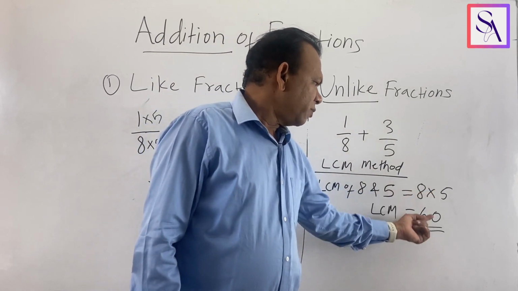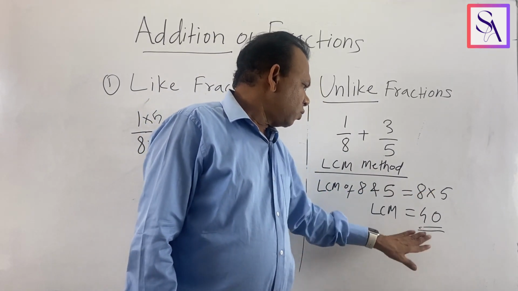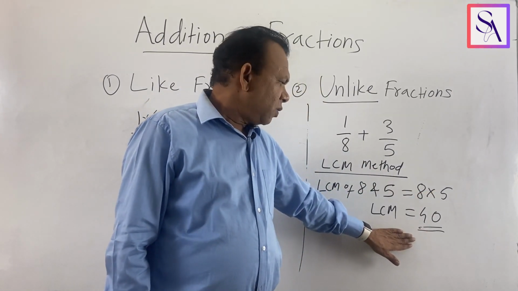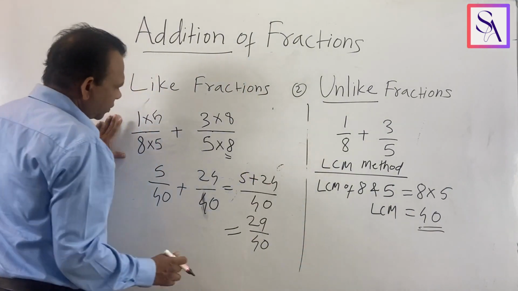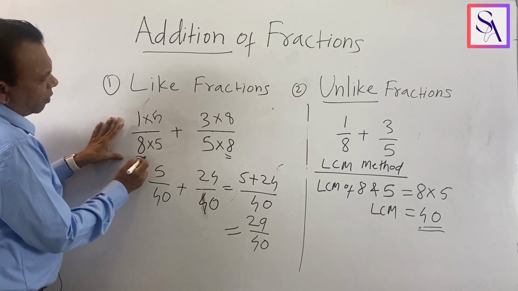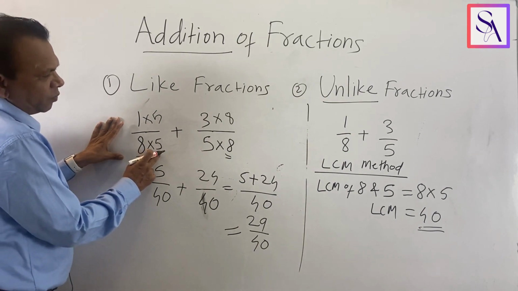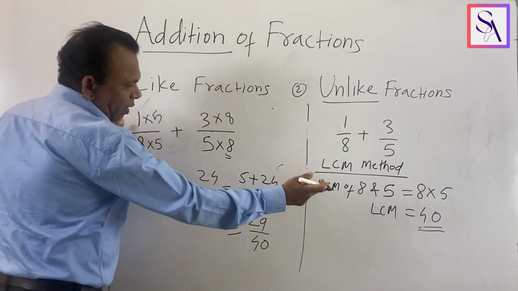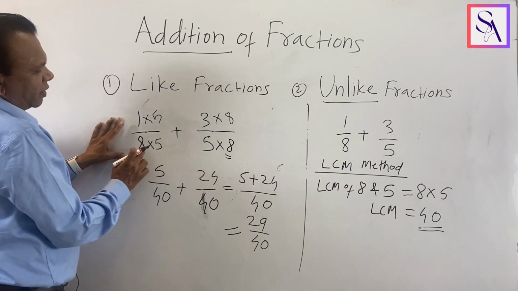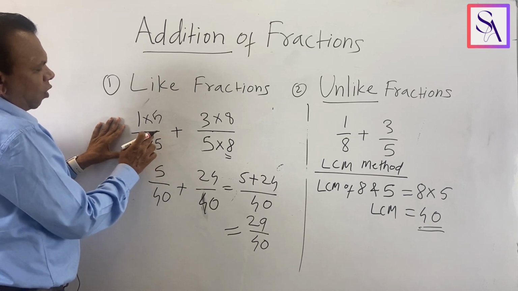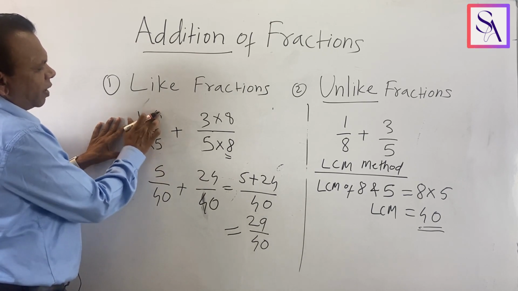So 8 into 5 is 40, so LCM is 40. So now we got LCM. So now solving this sum, we are multiplying this 8 by 5, so that our LCM, 40, will come here. So if I am multiplying this 8 by 5, then obviously I have to multiply this numerator by 5 as well.